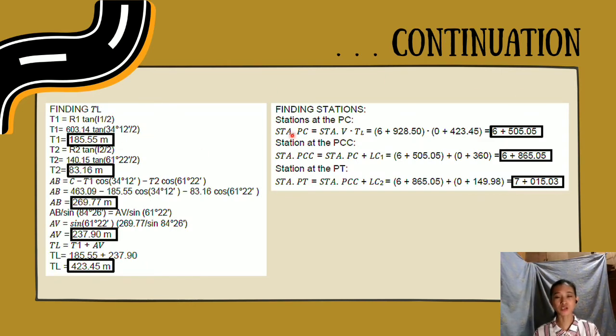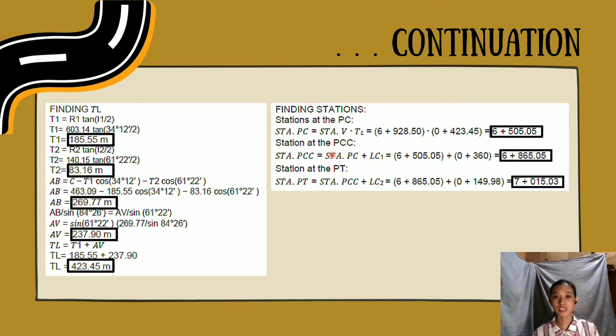Moving on, to solve for the stationing of PC, we will first get the tangent distance for the compound curve, by adding the tangent distance in the first curve and the distance of AB. You can see here we were able to get AB by using our knowledge in trigonometry.